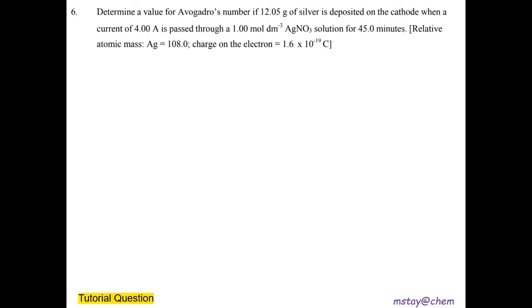Continue with tutorial question number 6. Determine the Avogadro's number, meaning the Avogadro constant, if 12.05 gram of silver is deposited at the cathode when 4 ampere is passed through 1 mole per decimeter cube of silver nitrate for 45 minutes, given that the relative atomic mass for silver is 108, and the charge on the electron is 1.6 exponent negative 19 coulomb.